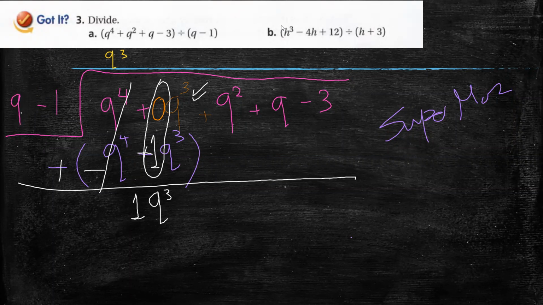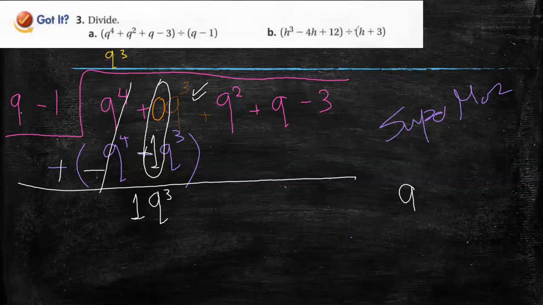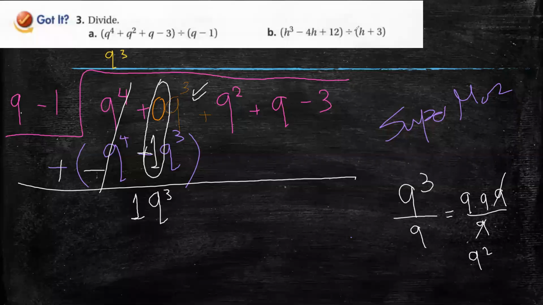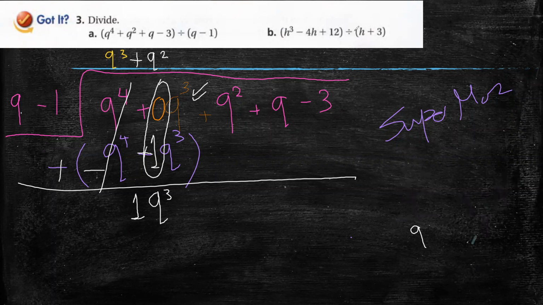So let's divide it now. q cubic over q is q times q times q over q. So q cancels q, and we have q squared. So I will write here plus q squared. Then I want to multiply.